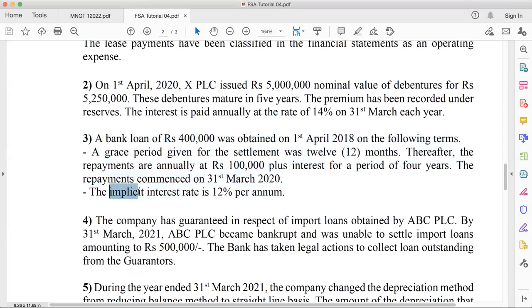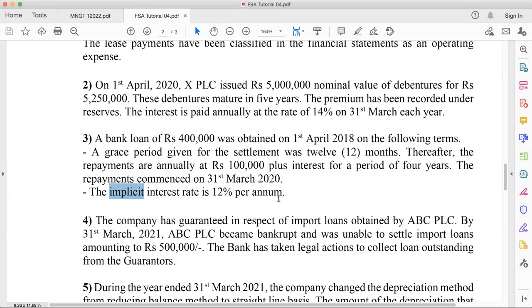You remove the word implicit, so just bank loan interest rate. Implicit interest rate comes with the lease. Therefore, here it's just the bank loan interest rate.